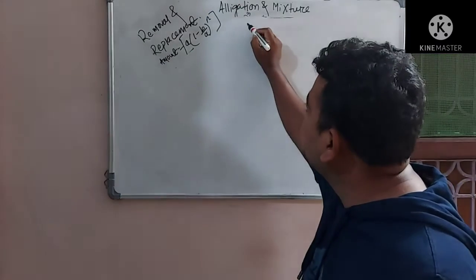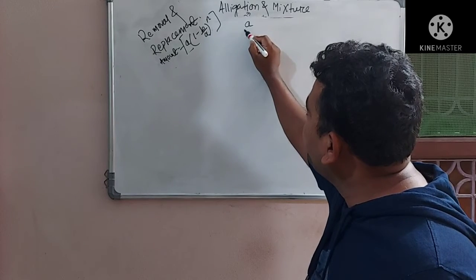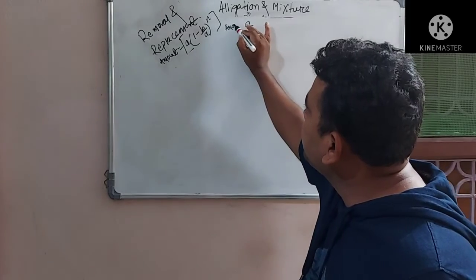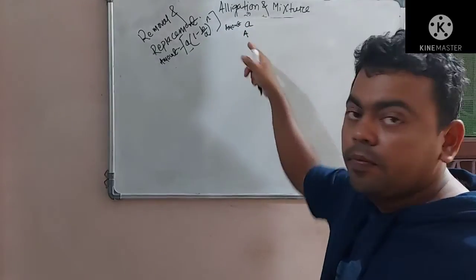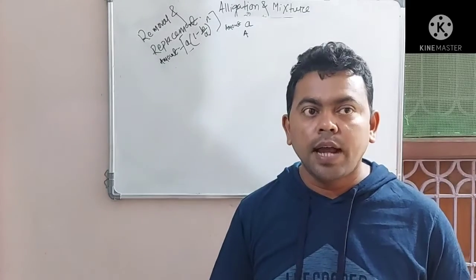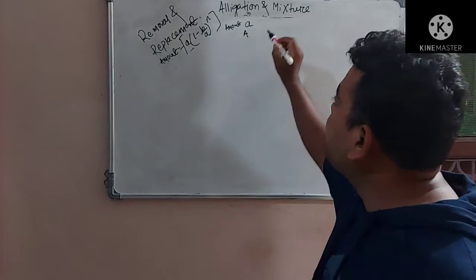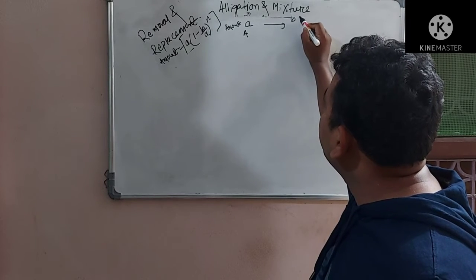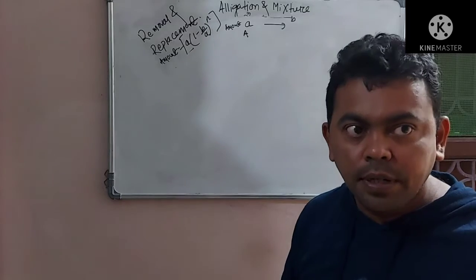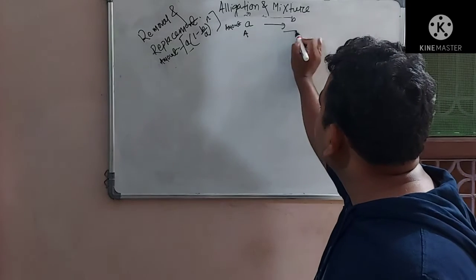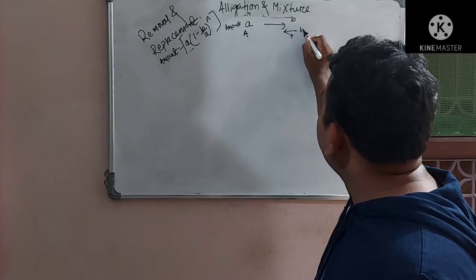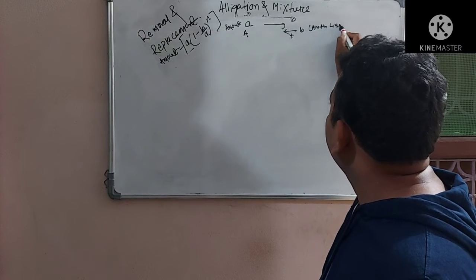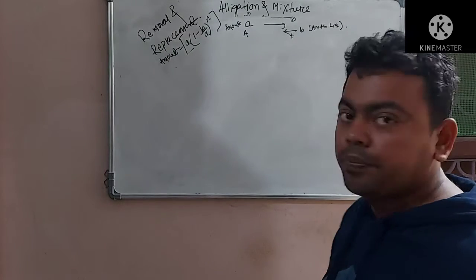Suppose I have a amount of liquid of type A. Then I remove b amount from it, and I add b amount of another liquid into it.